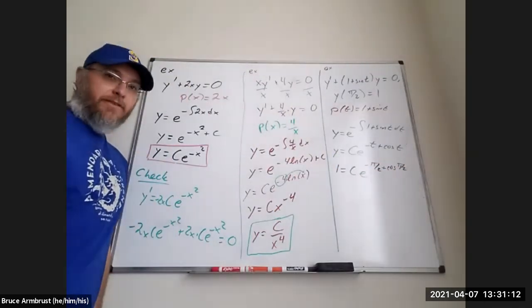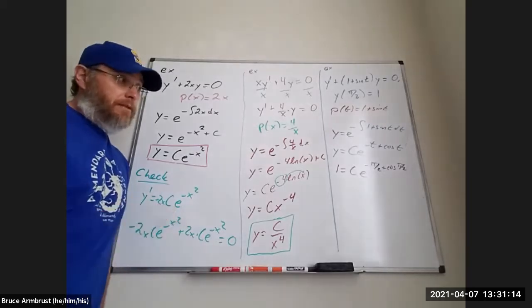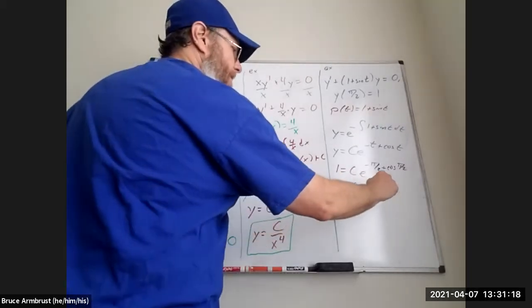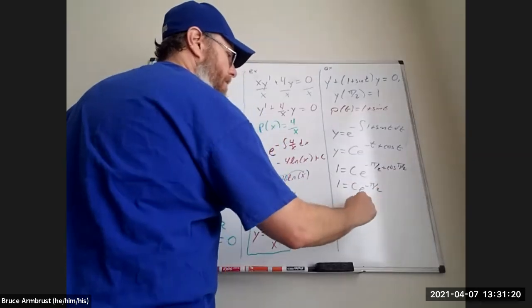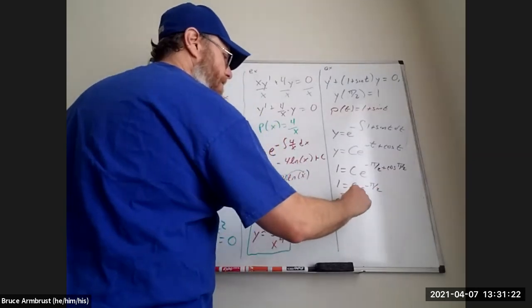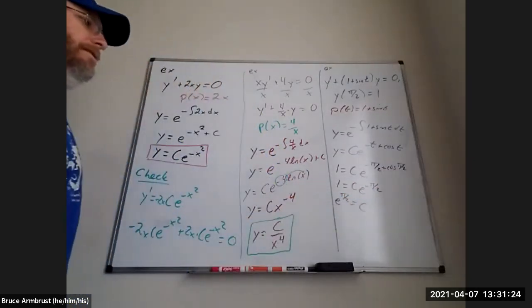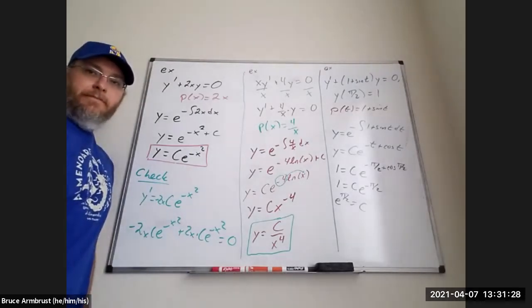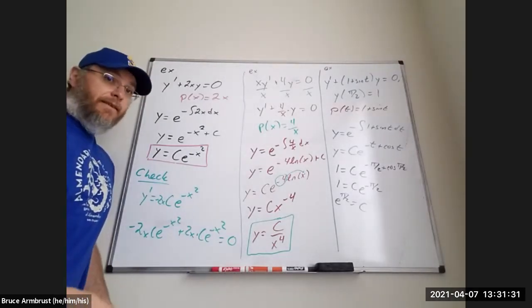The cosine of pi over 2 is 0, so that's gone. So we get 1 equals c e to the minus pi over 2, which if we solve it for c, gives us e to the pi over 2. So that's the constant for this one.